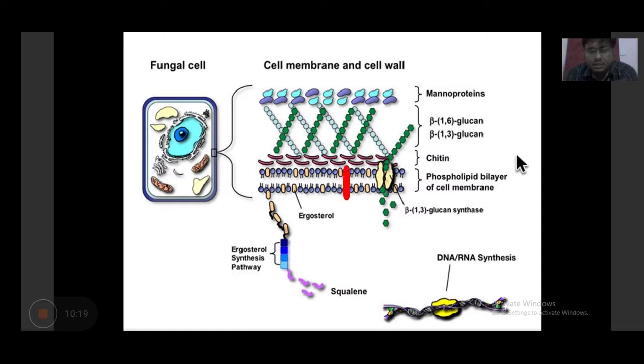I already told you this is the site where amphotericin B and nystatin act. So here it is binding with the ergosterol and creating a pore.